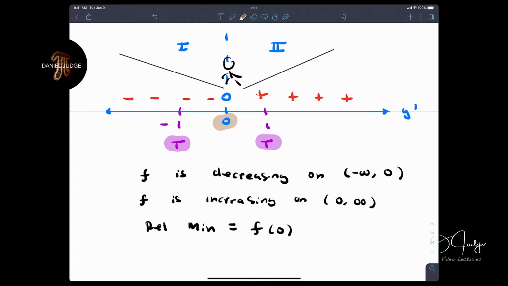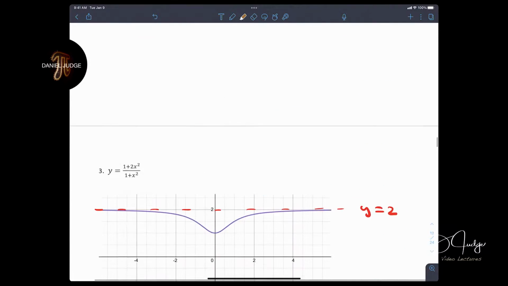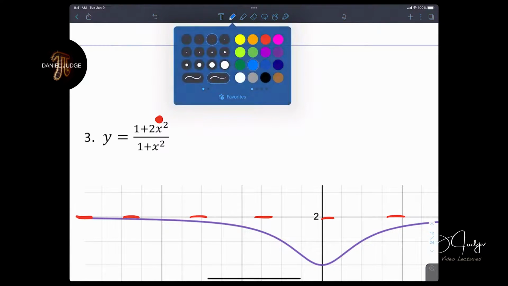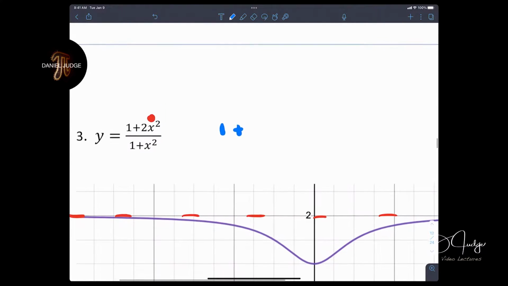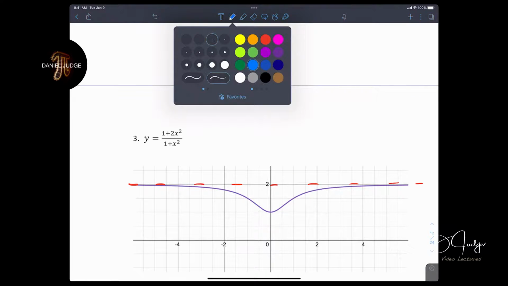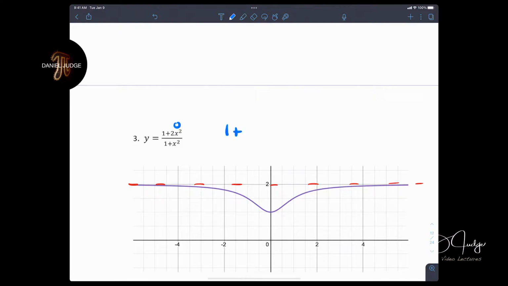Relative min. So if my input is 0, I go back up here, and you say, what happens if my input is 0? What's y? Can't even see that, but we're going to plug in a 0 there. For x, we plug in a 0. 1 plus 2 times 0 squared over 1 plus 0 squared.